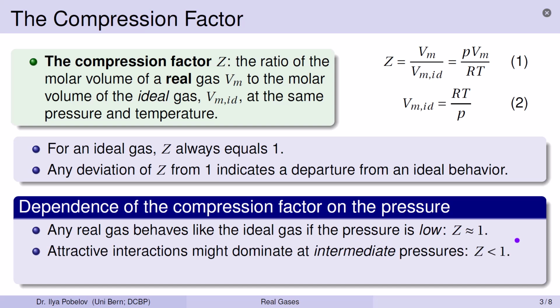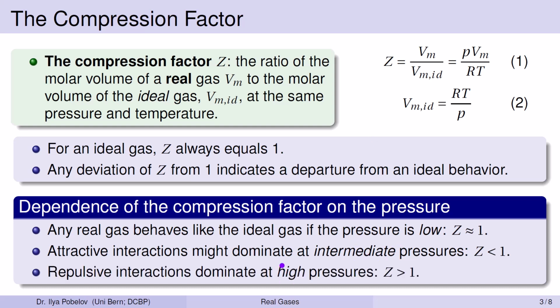Depending on the temperature and the specific gas, the compression factor may drop below 1 at certain intermediate pressures. This reduction in molar volume compared to that of an ideal gas arises due to the prevalence of attractive forces at intermediate interparticle distances.